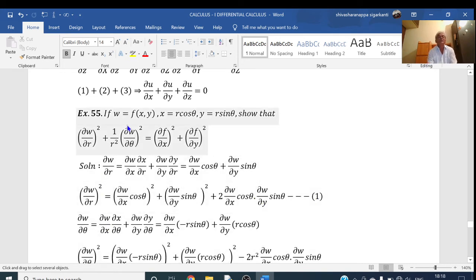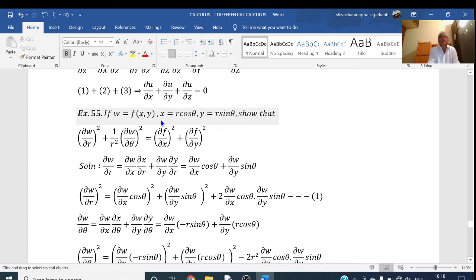Next we find the differentiation of w with respect to theta. Dou w by dou theta can be written as, w is a function of x and y, therefore I have to write dou w by dou x into dou x by dou theta plus dou w by dou y into dou y by dou theta. This is equal to dou w by dou x into, what is dou x by dou theta? x is r cos theta.